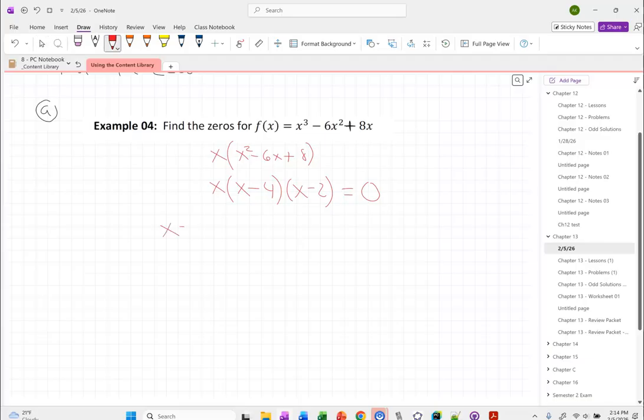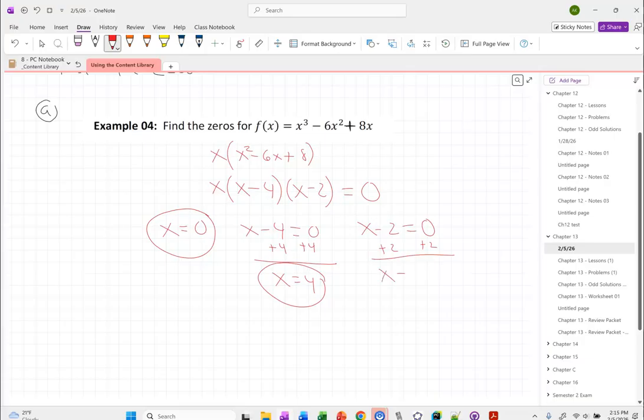So that allows me to take each factor and set it equal to 0, and then I can solve them individually. X equals 0, it's done for me already, yay! And then we'll add 4 to both sides for this one. Another 0 found, and add 2 to both sides for this one. Another 0 found.